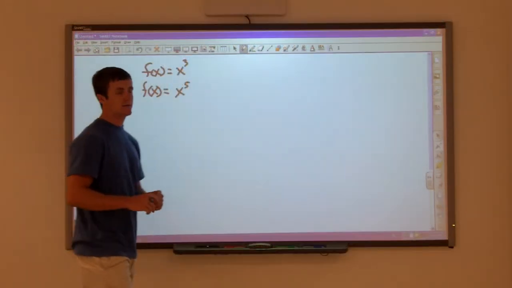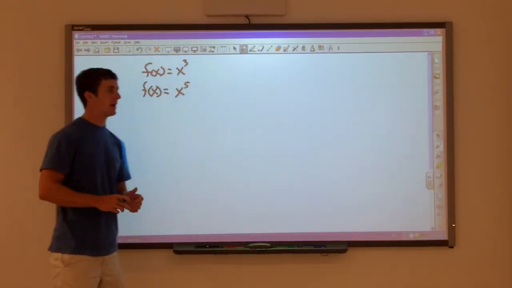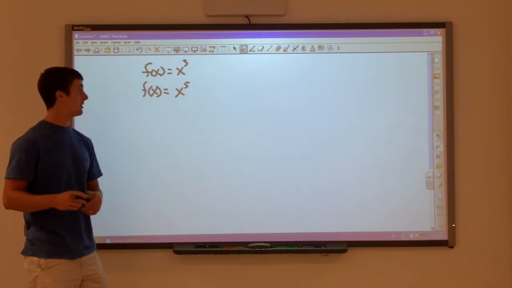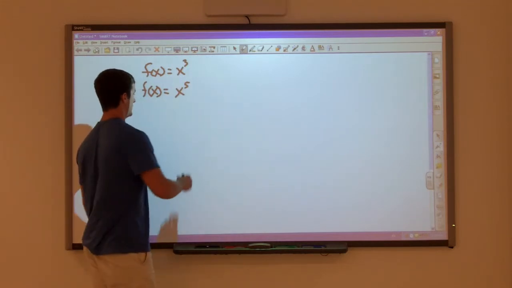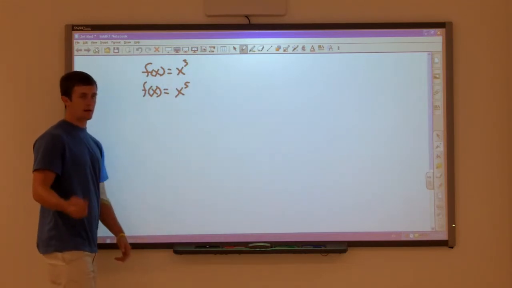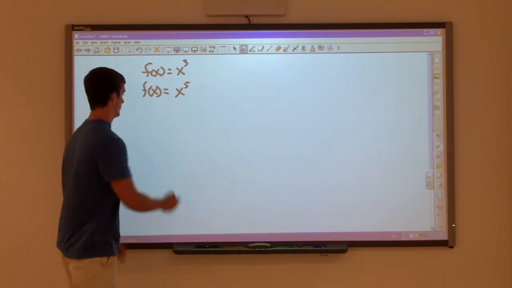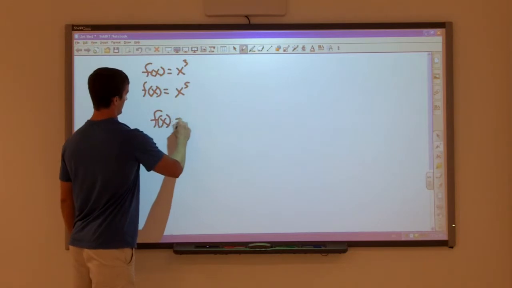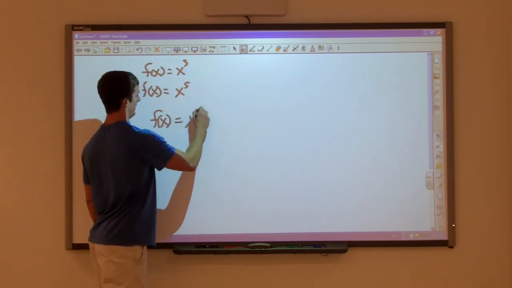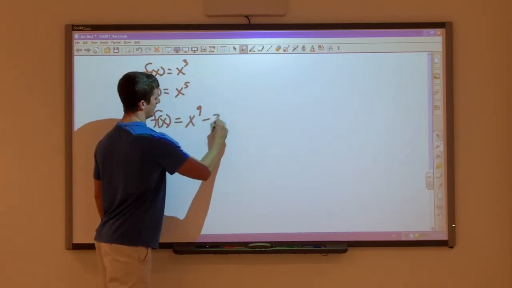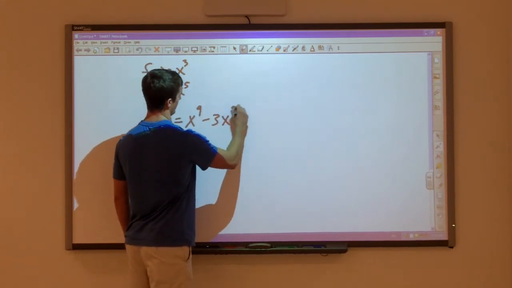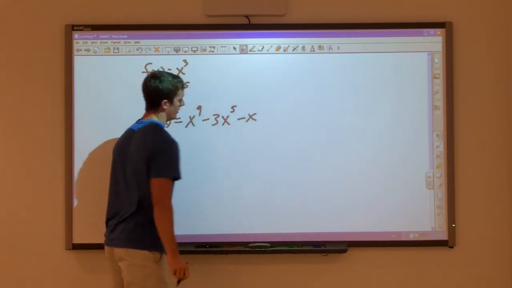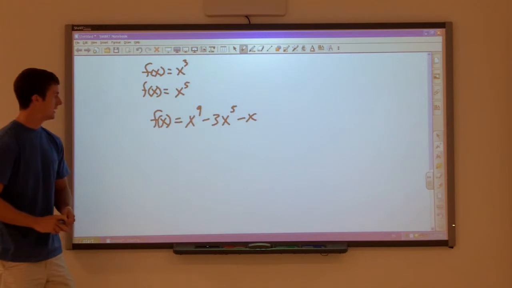Just like our even functions, if we start breaking down our odd functions, we can start to notice other simple rules. For example, whenever we have our additive or our multiple rules of f of x equals x to the 9th minus 3x to the fifth minus x, we know that this is an odd function.